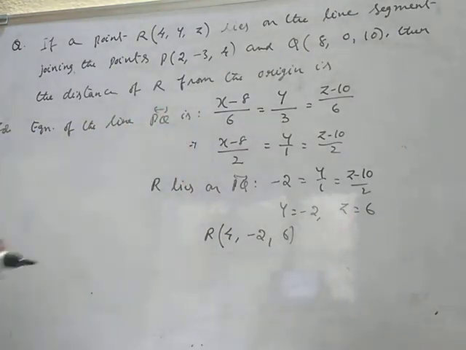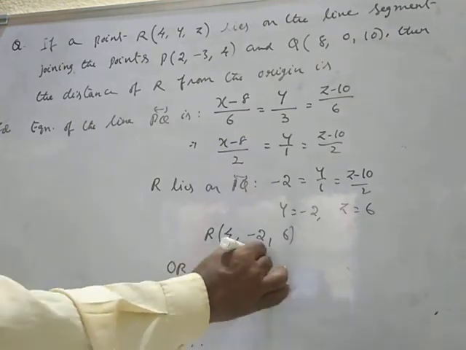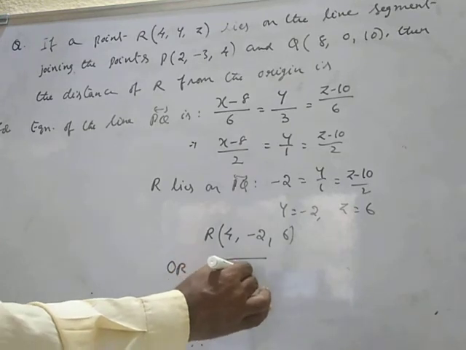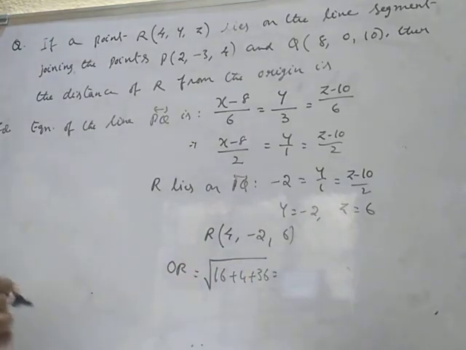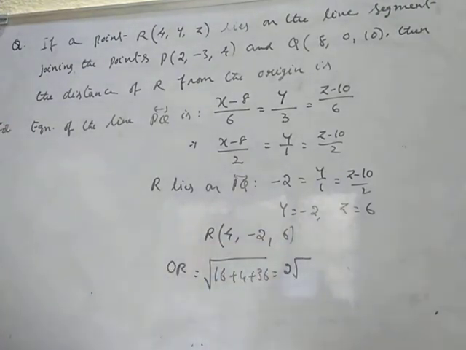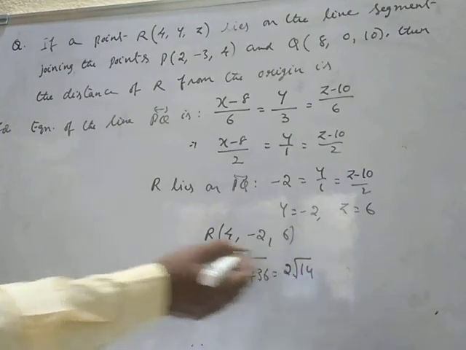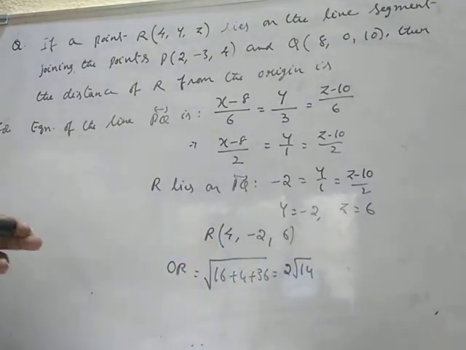The distance of R from the origin is equal to the square root of 16 plus 4 plus 36, which is the square root of 56, equal to 2 root 14. By simplifying, we get 2 root 14.